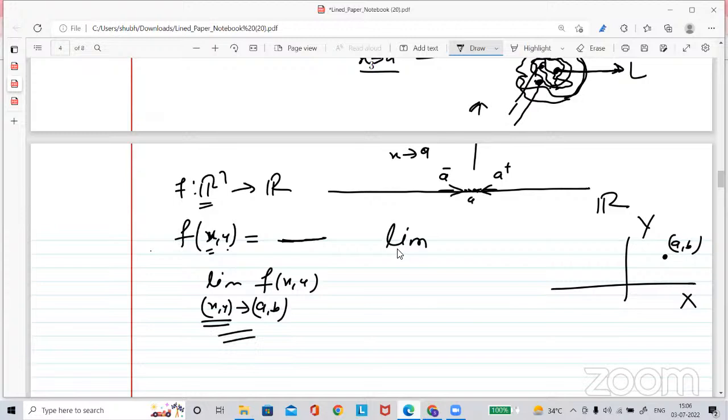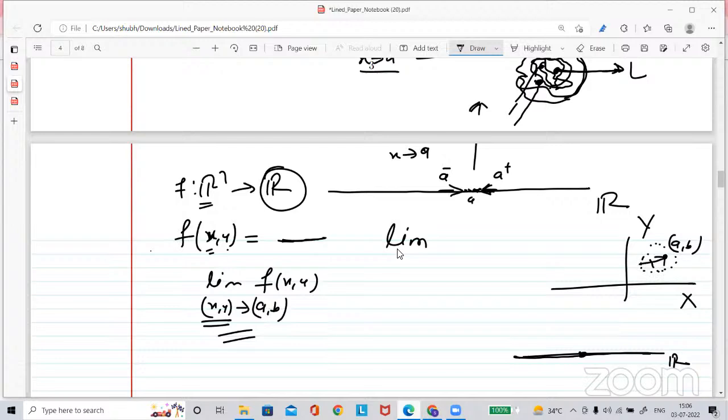(x, y) approaching (a, b) means we are approaching the point (a, b). Now what is going to be the output here? The output is only a real number, so we get output on the real line. In the one-variable case, our approach is only from this side or that side on the line, but here we have more space.